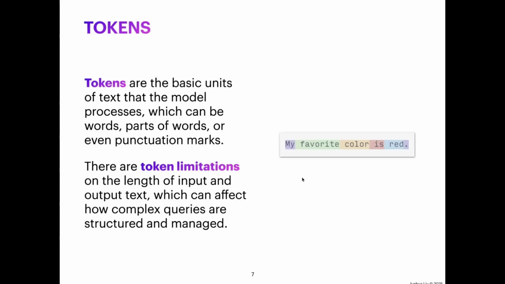For every language model, there will be token limits on the length of input or output text it can process. The better the model, the longer the input context length can be. Say for Google Gemini, it can take in up to 2 million tokens worth of inputs, which is very amazing.